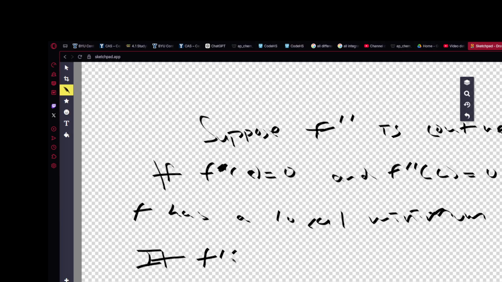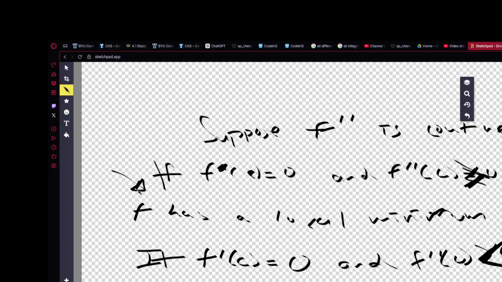And if f prime of c is equal to 0, and f double prime of c is less than 0, then f has a local maximum, which is logical to conclude. And it's the same logic as the first derivative test.